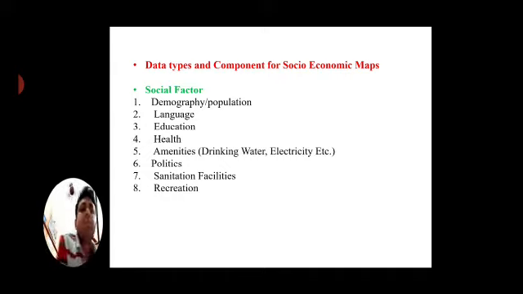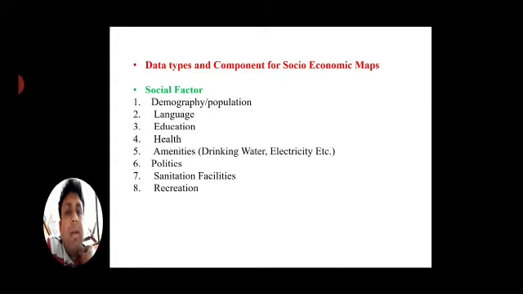Language is one of the most important social factors, because we can identify language-based country divisions. For example, West Bengal is a Bengali language zone. Bihar is a Hindi language based zone. So language is a basic component of social factors.